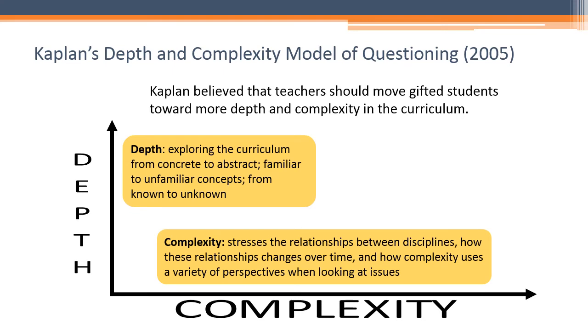Whereas complexity, as you can see here, the direction is horizontal. It indicates wideness. It stresses the relationship between disciplines, how these relationships change over time, and how complexity uses a variety of perspectives when looking at issues.